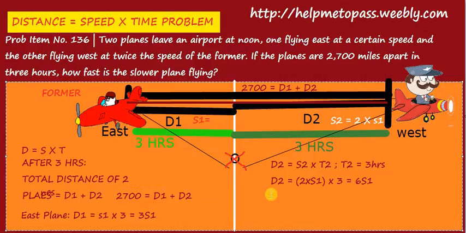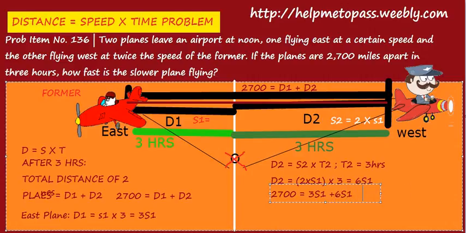Let's rewrite it here: D, which is 2,700, equals the distance D1, which in terms of S1 is 3 S1, added to the distance D2, which is 6 S1. And that equals 2,700.